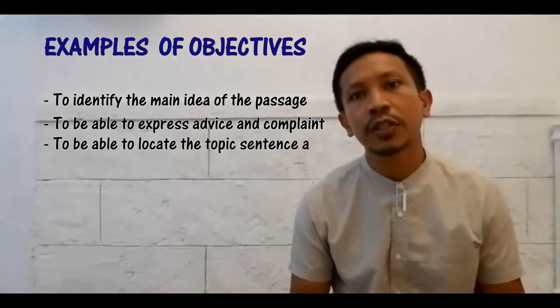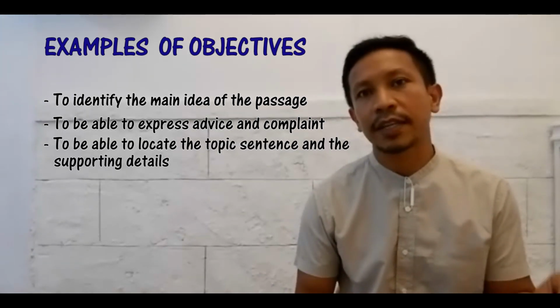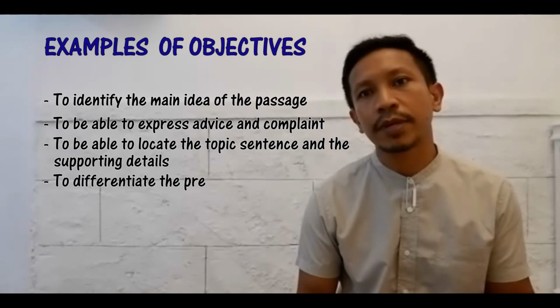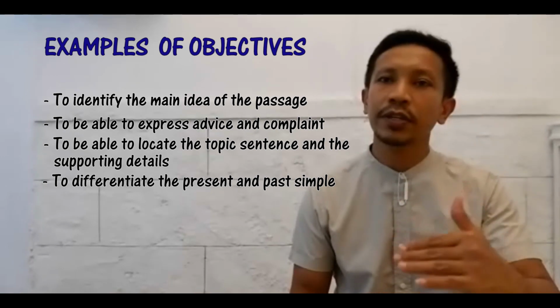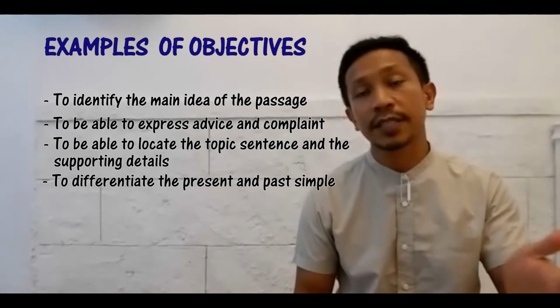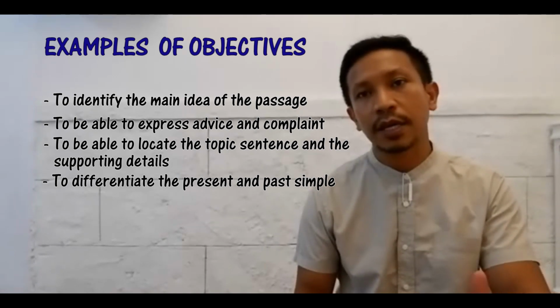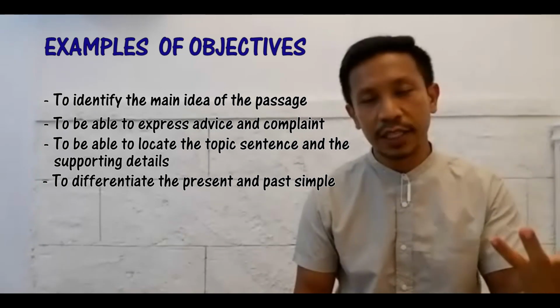The next one is to locate the topic sentence and the supporting details, and the last one is to differentiate the present and past simple. So these 4 examples, actually you can expand them, you can practice at home, and then after that you can see your own objectives when you are going to write them.